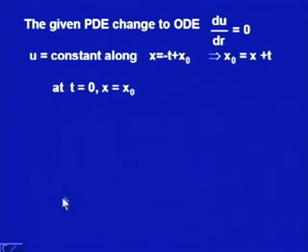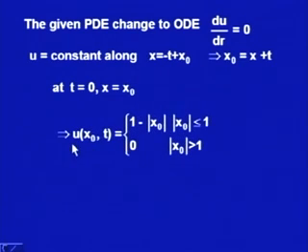So, what will be our solution? At t equal to 0, x is x naught. So, u(x naught, t) would be 1 minus |x naught| for |x naught| less than 1, and 0 for |x naught| greater than 1.